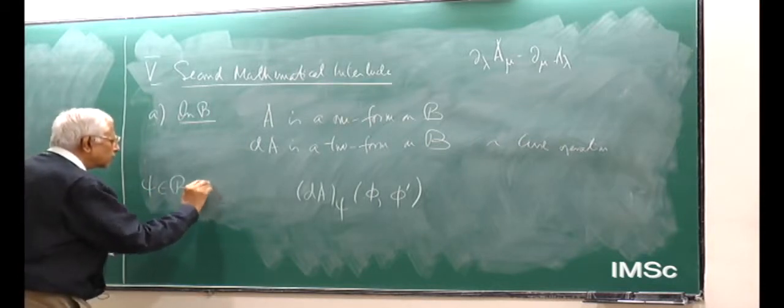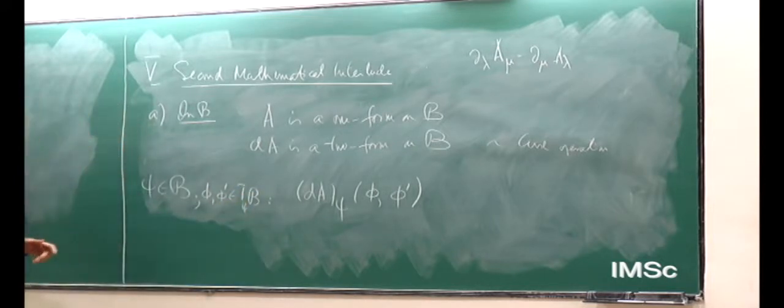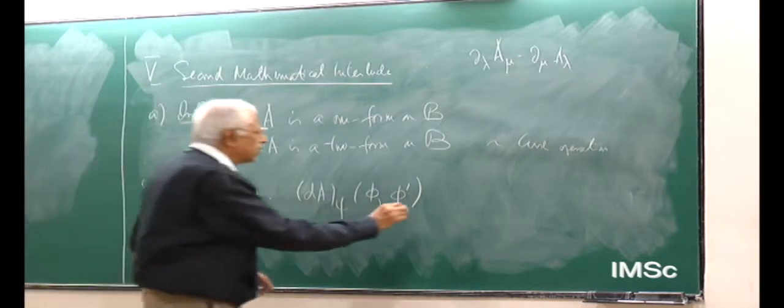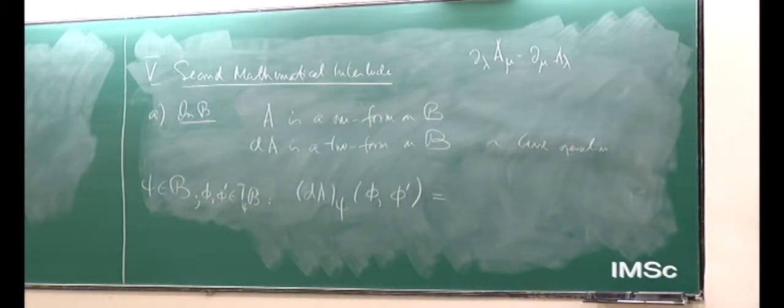So you must take two general tangent vectors at B, and then you must say the value of dA at psi evaluated for the pair of tangent vectors phi and phi prime is so much, whatever it is. I'll write what it is. But the important thing is it must be linear in phi, it must be linear in phi prime, it must be antisymmetric in phi and phi prime. The antisymmetry is the crucial idea. And a little bit of calculation, which I am not going to show you here, leads to this result.